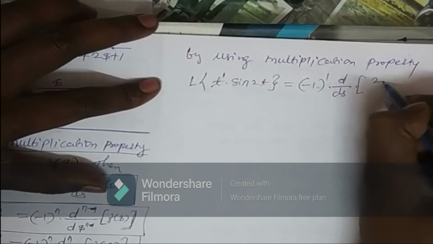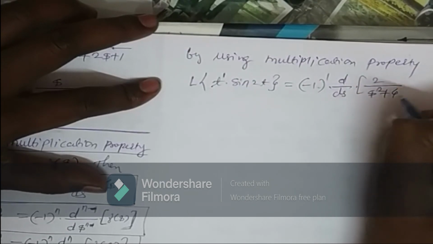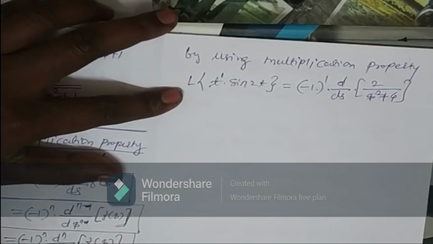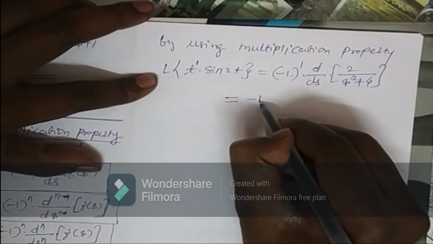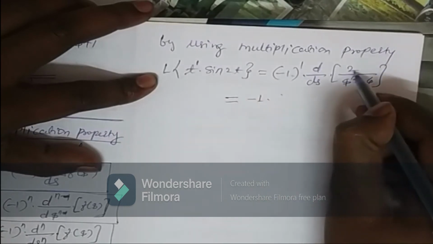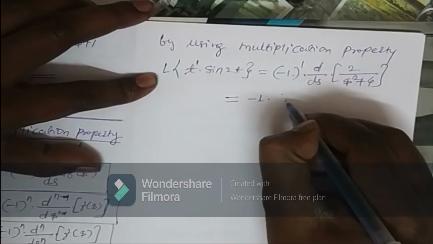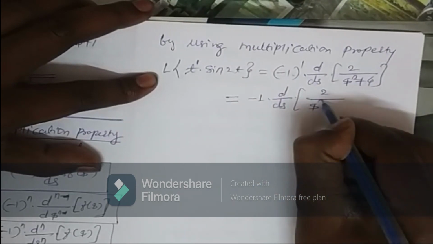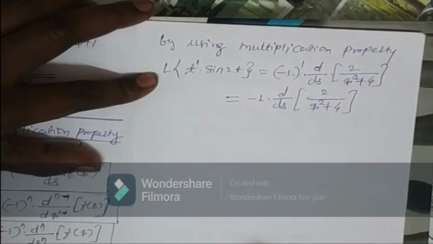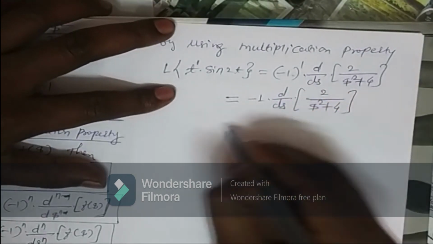So what is the value of F(s)? 2 upon s^2 + 4, just as we have calculated. So now that is equal to -1 as it is, and this 2 can be taken outside, or you can put it as it is, 2 upon s^2 + 4.